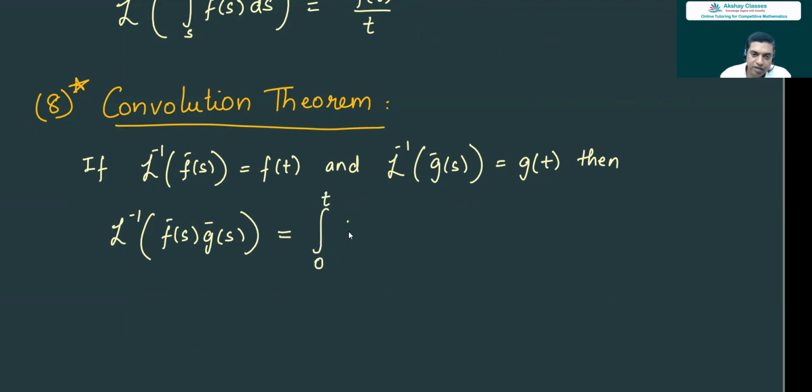It is the integral from 0 to t of f of u into g of t minus u du. Of course, this is also the same as f of t minus u into g of u, depending on which one you want to choose. So the convolution theorem depends on how you choose f and g.